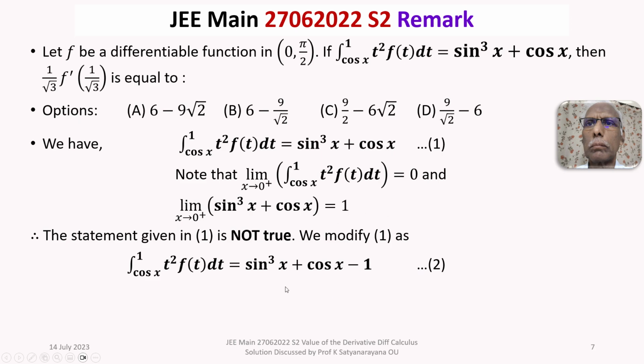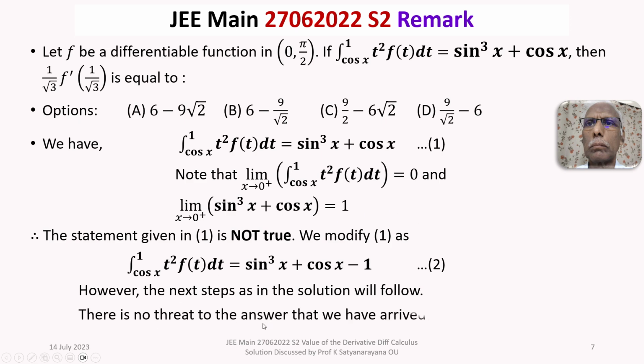However, the next steps, as in the solution we have seen in the earlier slide, will follow, because we started by taking the differentiation on both sides. Therefore, this minus 1, even if it is there in the function, after differentiation, it will vanish and they will be equal. And thereby, we will be getting the answer also. However, there is no threat to the answer that we have arrived at.